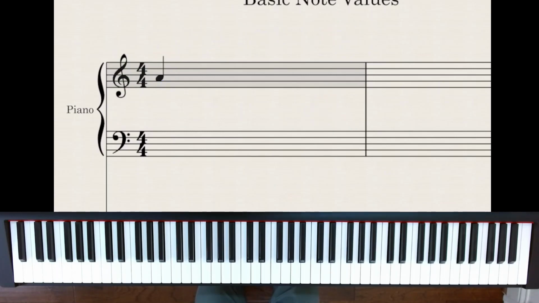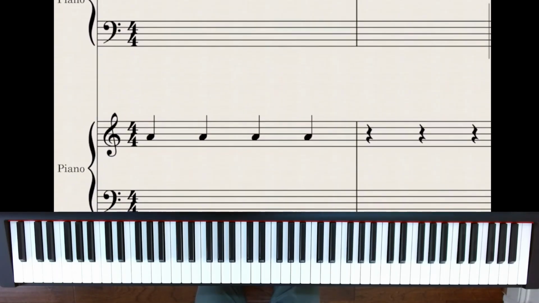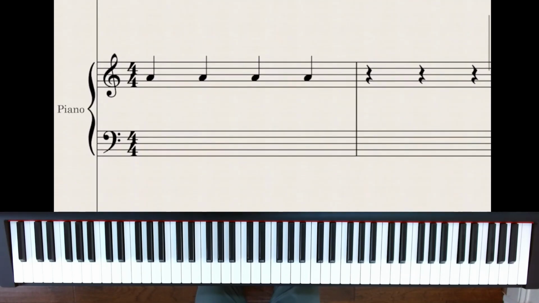Okay, so if we come down here, I have just a few examples of this. Here we have a 4/4 time signature, and again, every single note, every quarter note is going to get the beat. So we have 1, 2, 3, and beat 4 right there, okay?